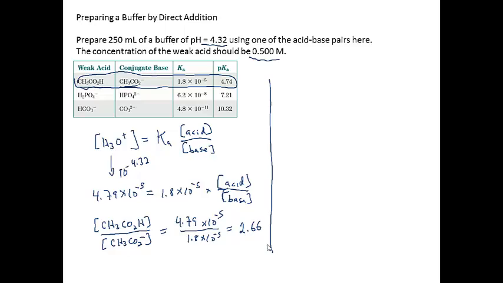Okay. Then what we have to do is determine the amounts that we're going to want. So the next thing is, say we know we want our acetic acid to be 0.5 molar, and we want to make 0.25 liters of that.